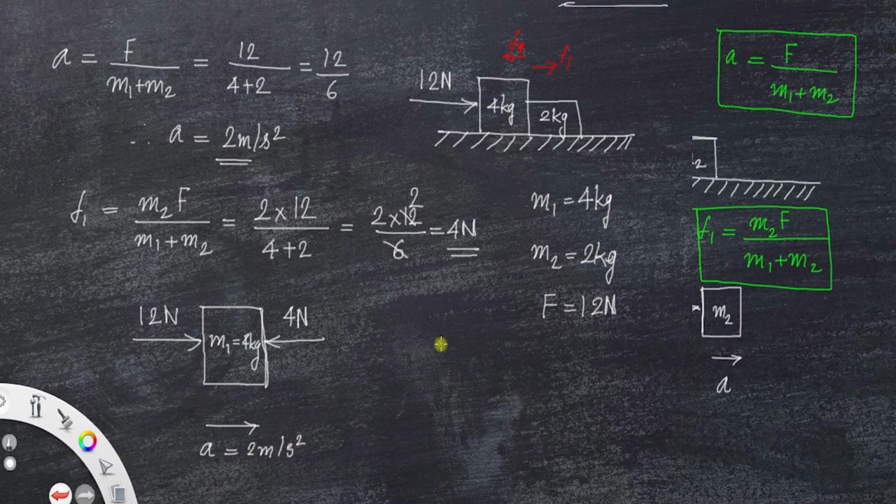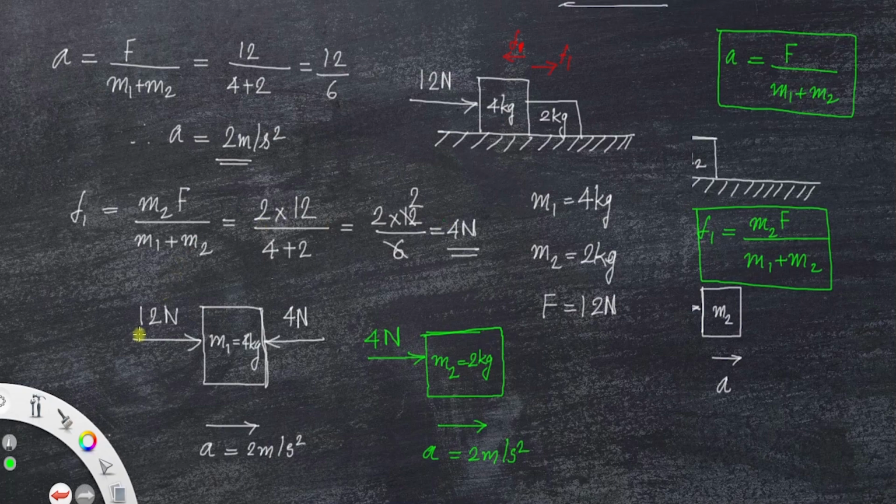Clear? What about the second mass? M2, which is equal to 2 kilogram. The force on the left is 4 Newton and acceleration A is 2 meter per second square. Clear? So this is the way we find the acceleration and force between two connected masses.